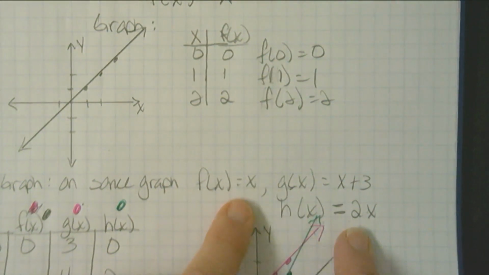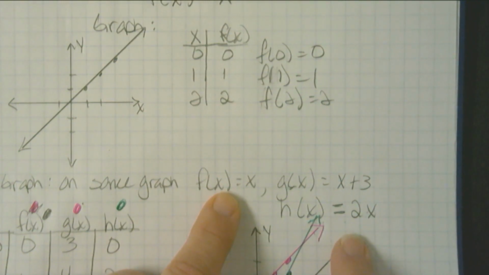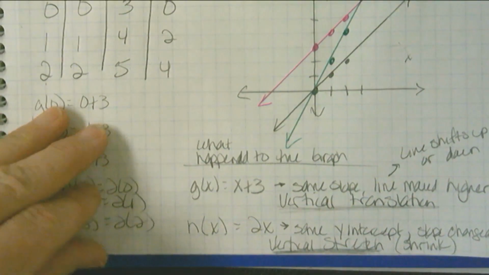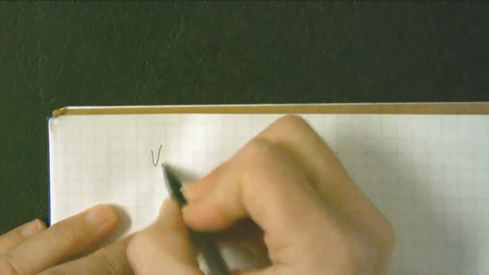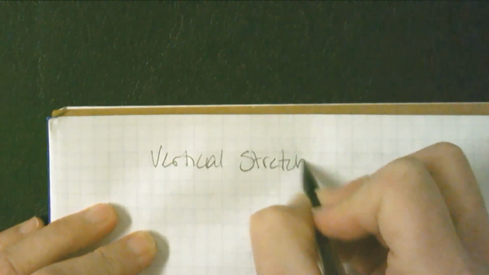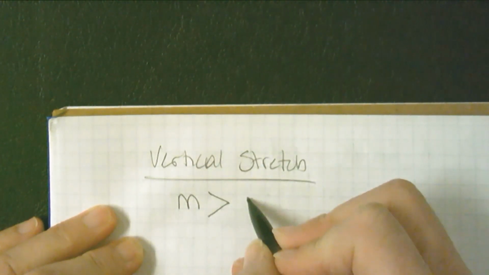Giselle? Okay, that's considered a stretch. All right, so when we talk about a vertical stretch, that's when my slope is greater than 1.